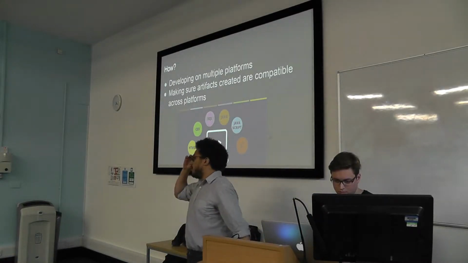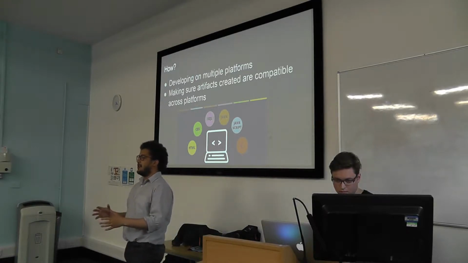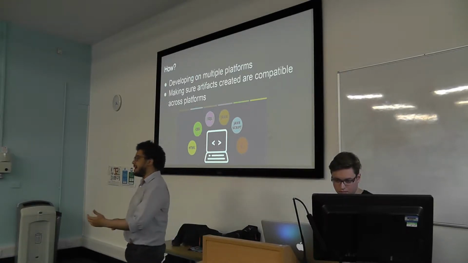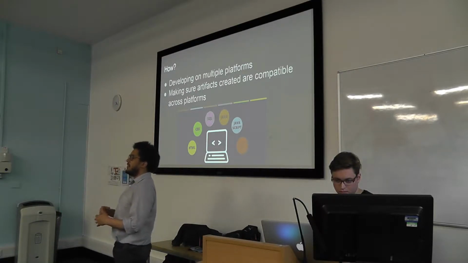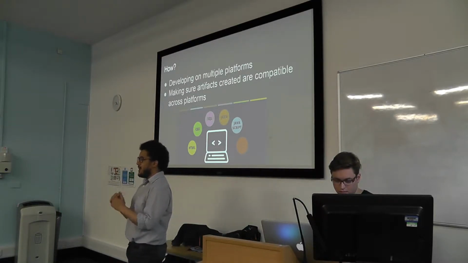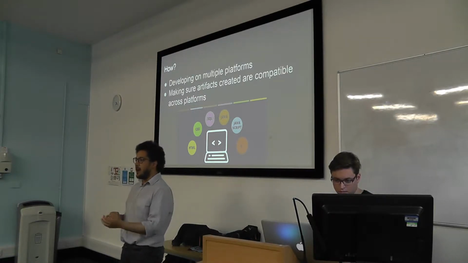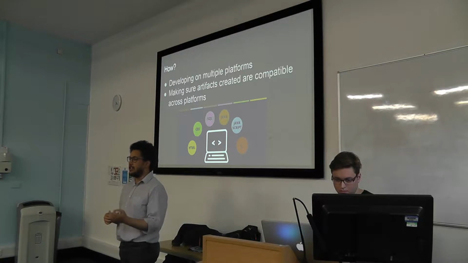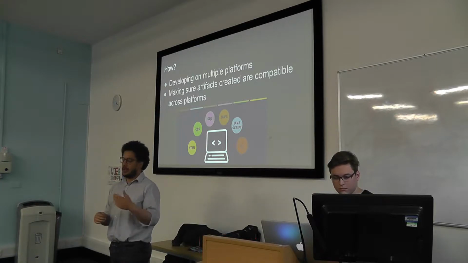You also have to take into consideration that people on your team may be using different hardware. If you have people on your team who are using a Mac, or Linux, or Windows, you have to make sure that the software that you use is compatible with all these different devices. This is especially important even when you're using game engines like Unity or Unreal, because the files that are generated by these two engines are different depending on what system you use.